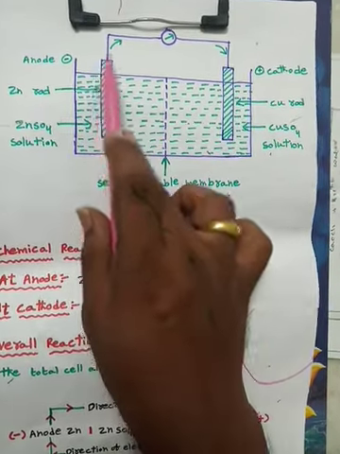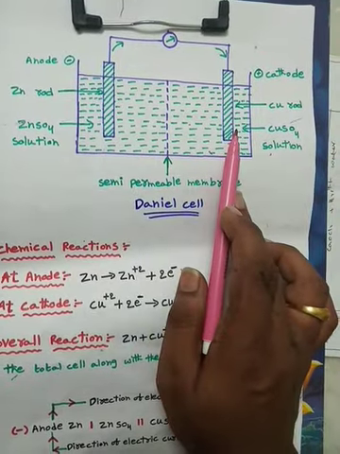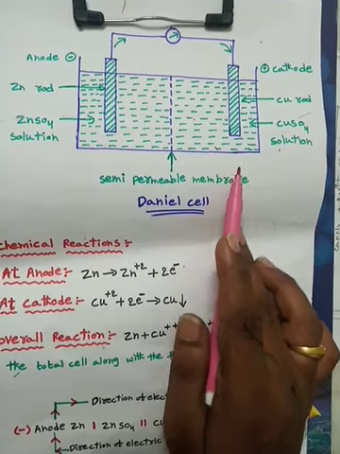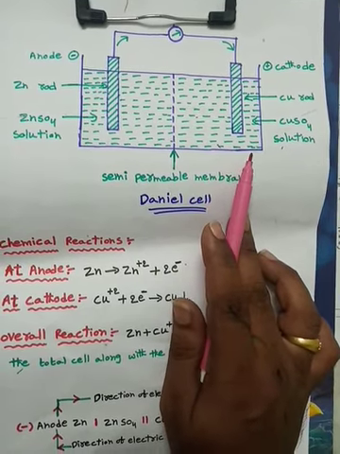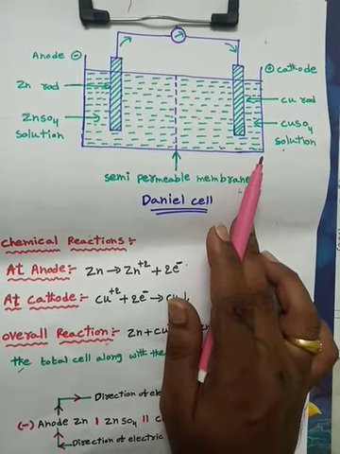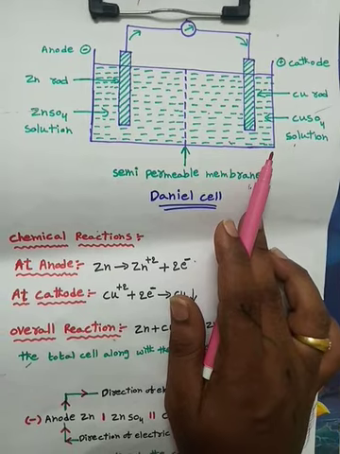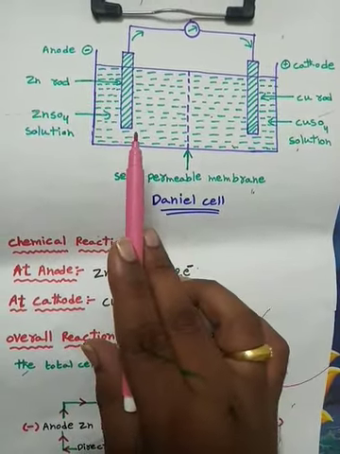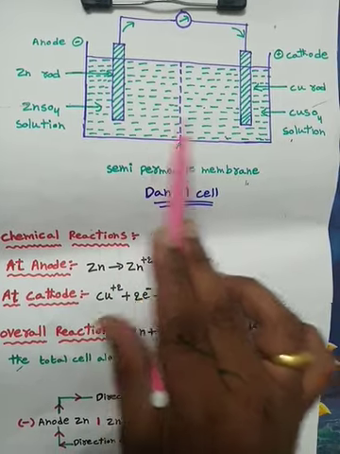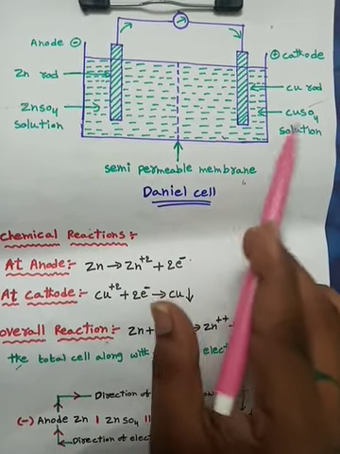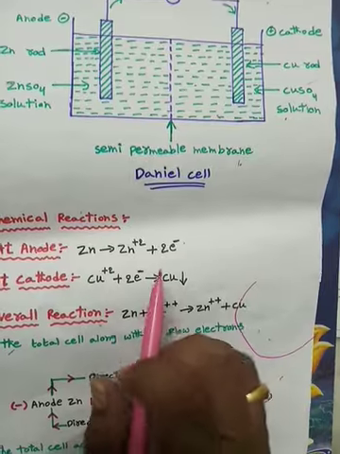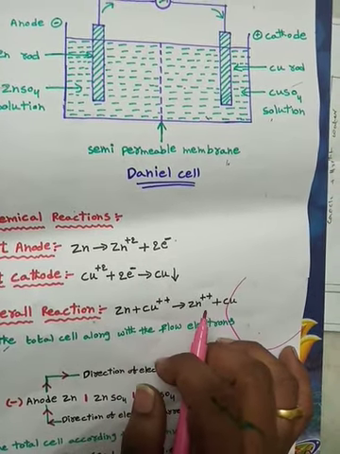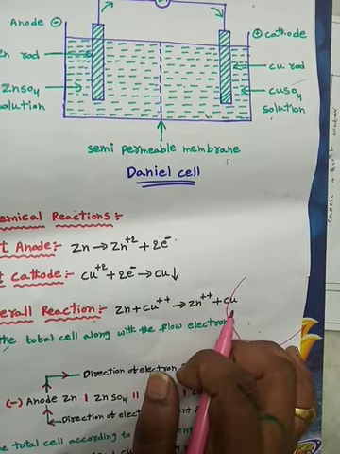Now this kind of movement of electrons creates the conductivity or the current, because we know the current is nothing but flow of electrons. The overall reaction of anode as well as cathode may be written as Zn plus Cu2+ gives Zn2+ plus Cu.